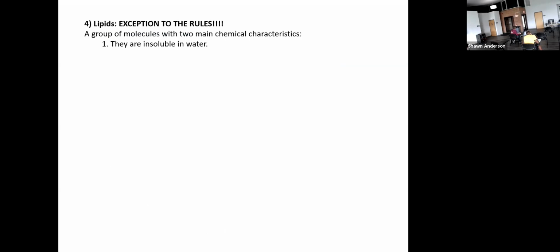Some lipids have parts of them that can interact with water, but lipids do not dissolve in water. Take some bacon fat, add some water to your hand and try, or put it in a jar and just start spinning it or stirring it. You're not going to do it.